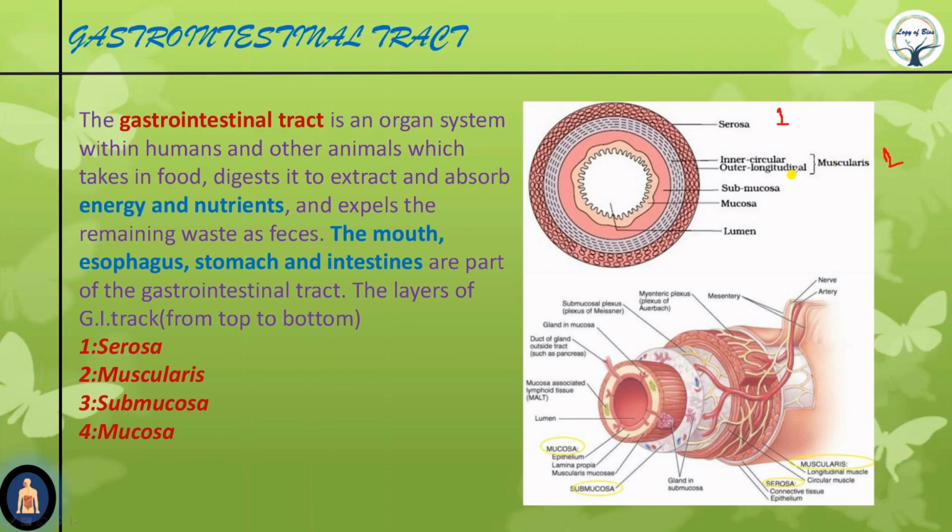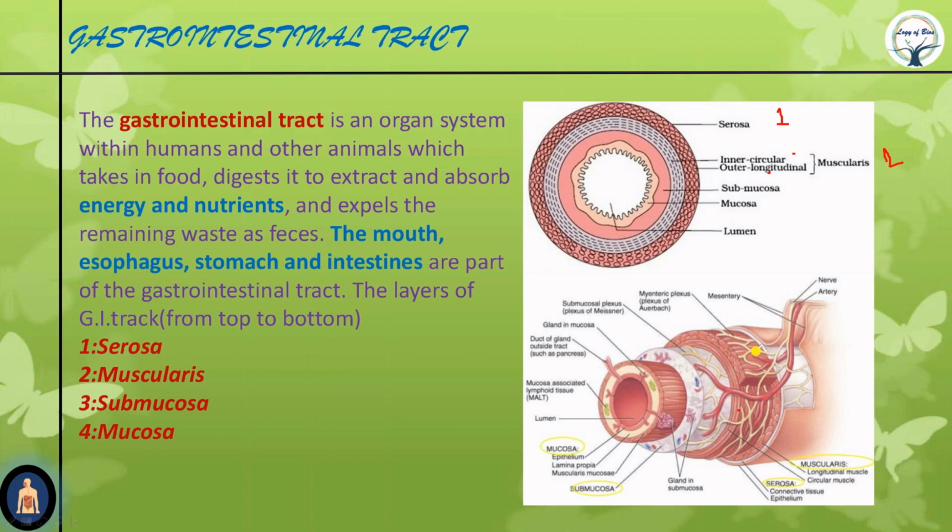There are two layers of muscularis. One is longitudinal and one is circular. Longitudinal is outer. It runs parallel through our GI tract. And circular muscularis is ring shaped. This one is the circular muscularis, ring shaped, and these are the parallel or longitudinal muscularis.